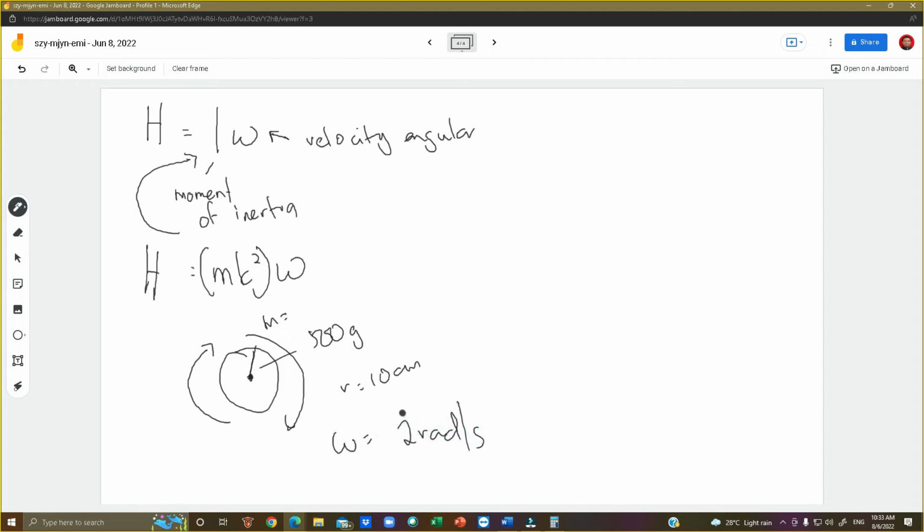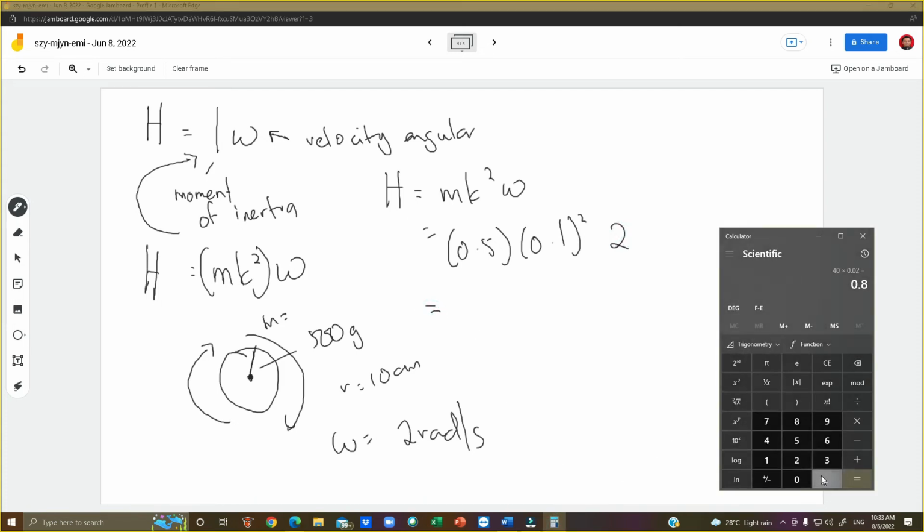So how much angular momentum does this particular system have? Kamu bolehlah cari. H equals mk square omega, where m, mass, is 0.5, k, 10 cm, is 0.1 square, and omega is 2.